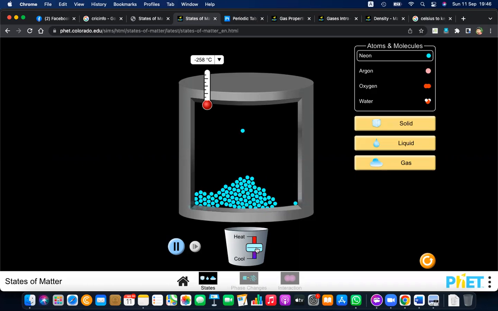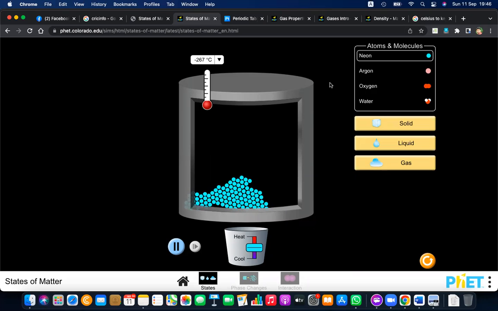When there is minimal motion, it takes the shape of the container; it has a definite volume, but the shape changes based on the container. So it will become a liquid. And if you cool down further, it can even become a solid. So that is how the matter changes.